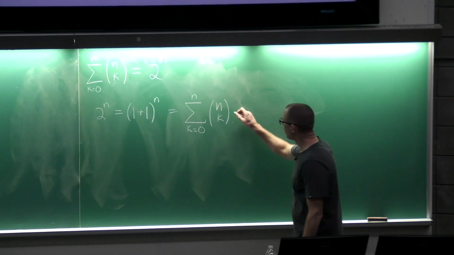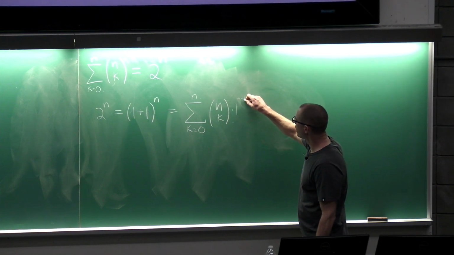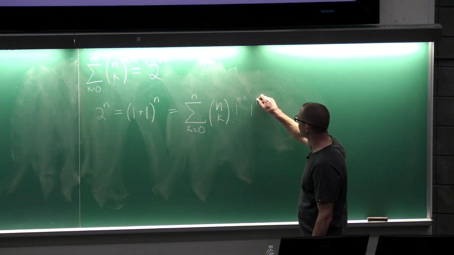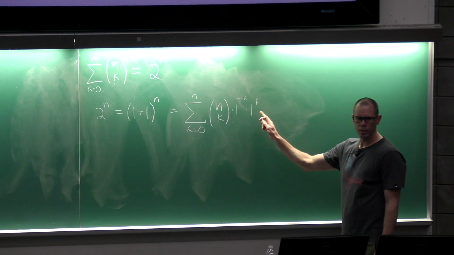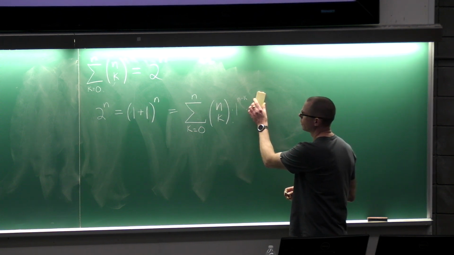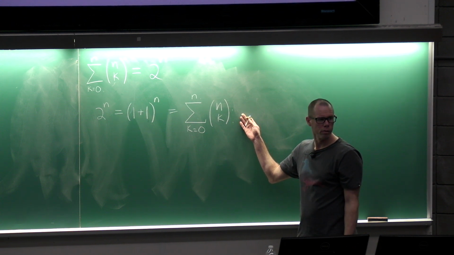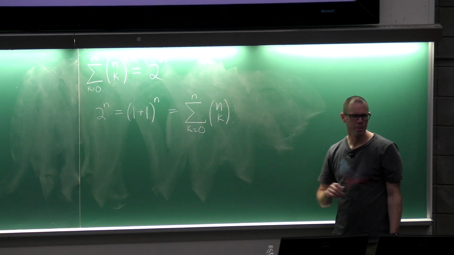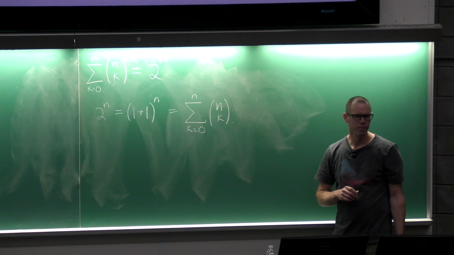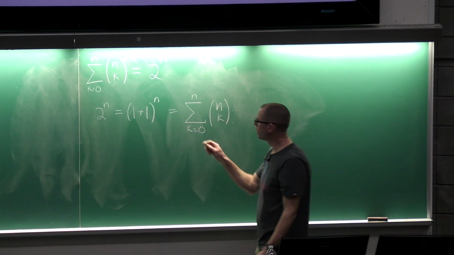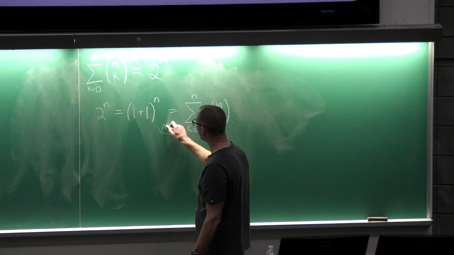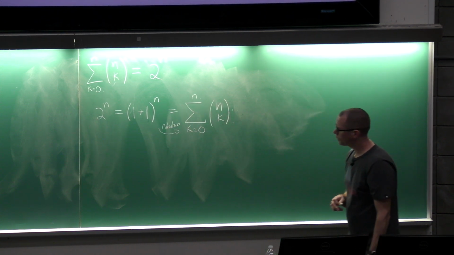So this is times 1 to the n minus k, times 1 to the k, but these are irrelevant. So that's it, there's the proof. Everyone sees that? So the only sort of leap here is we use Newton to get from this side to this side.